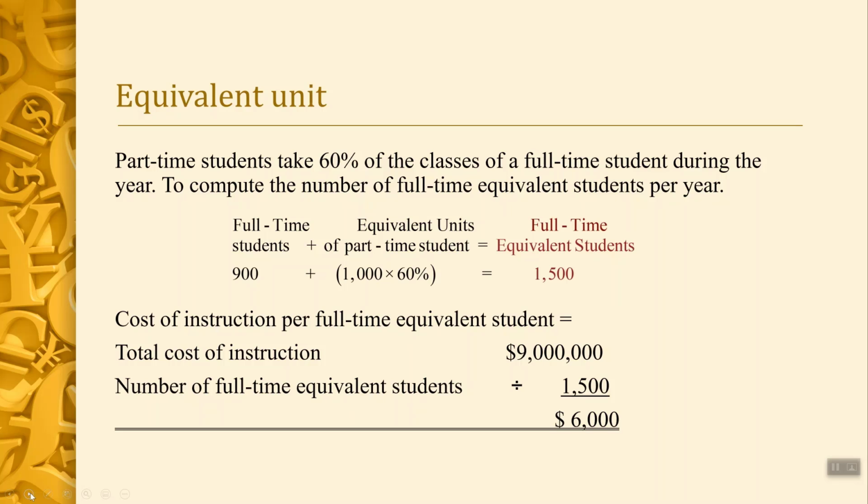So 60% of 1,000 gives you 600, plus your 900 gives you 1,500. So 1,500 full-time equivalent students.